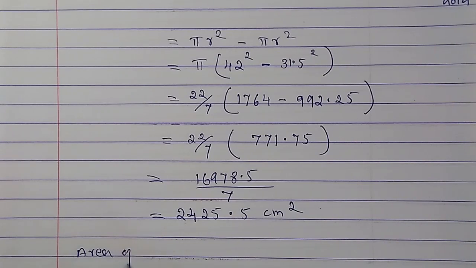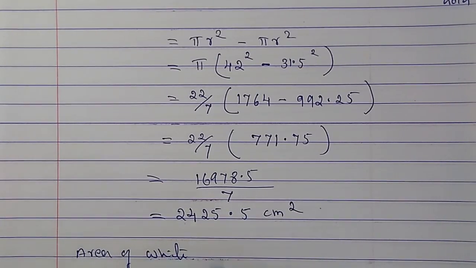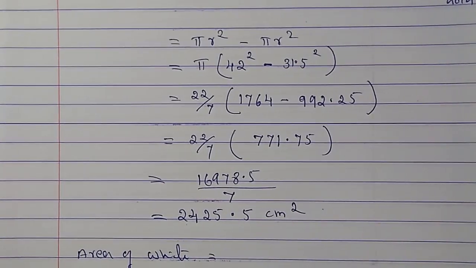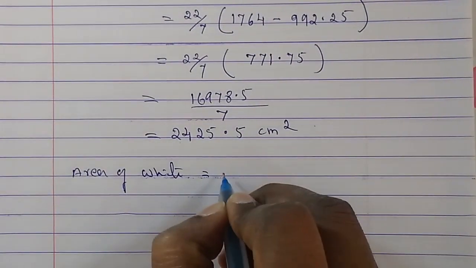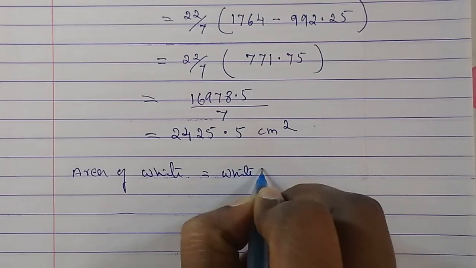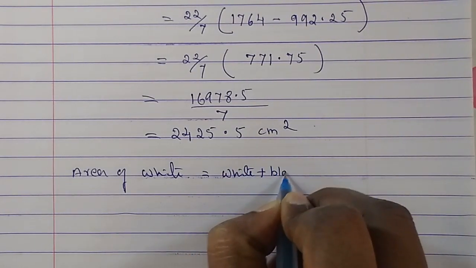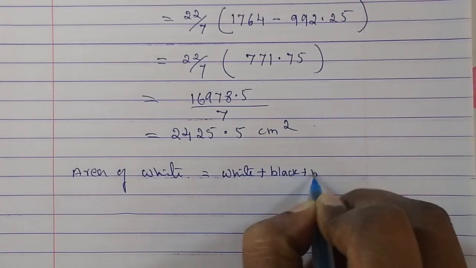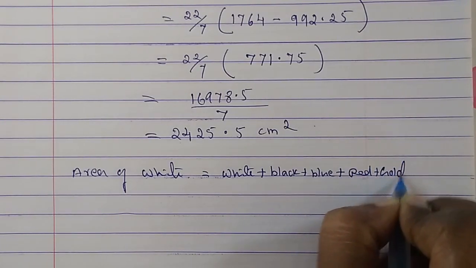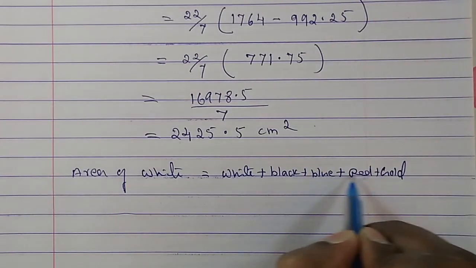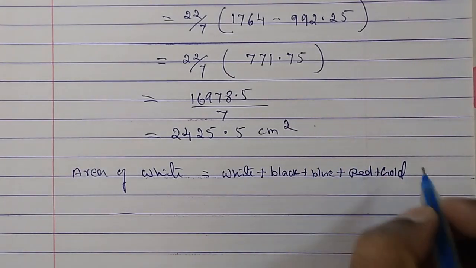So area of white. To find out, you have white plus black plus blue plus red plus gold. From here this much we will minus, then we'll get the band of white.